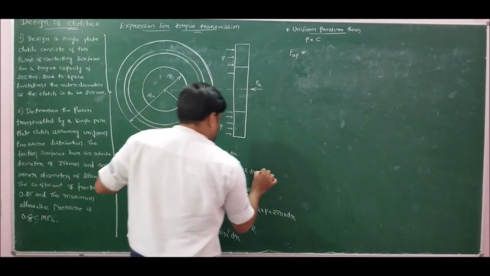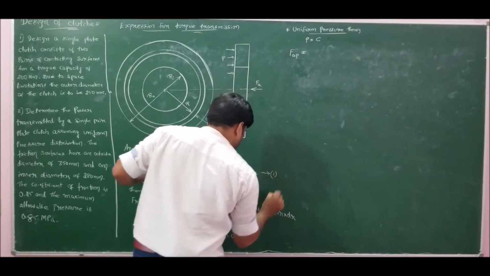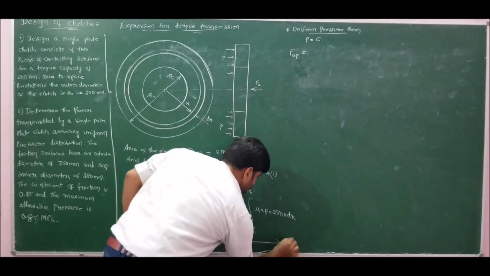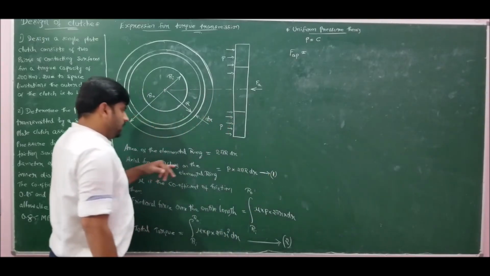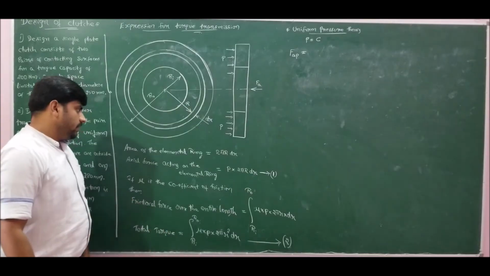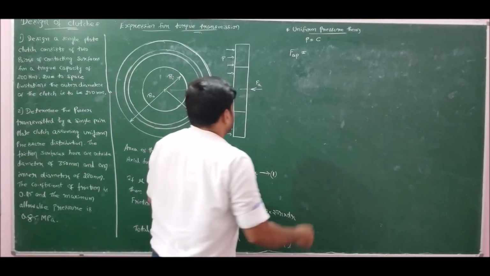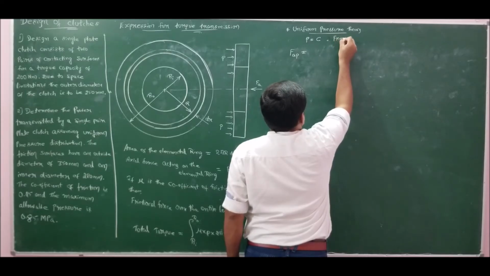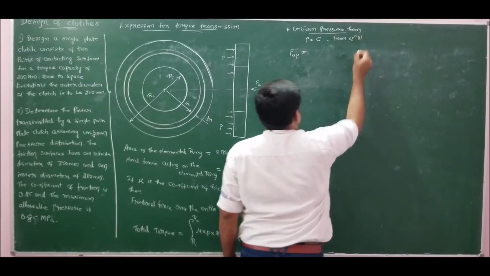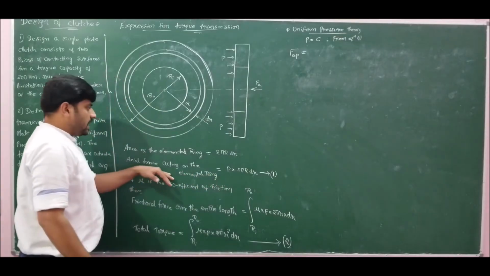so let us take from equation 1 and this as equation 2. So axial force is equation 1, frictional torque is equation 2. So axial force, that is from equation 1, equation 1 is for elemental ring.